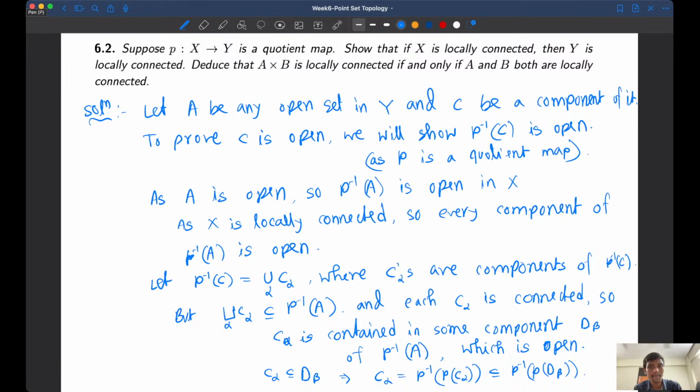Because P inverse A is open in X and X is locally connected, if there is any element in P inverse A, then corresponding to that there will be an open connected set contained in it, and if I take P of that set, that will be a connected subset of A containing P of x.